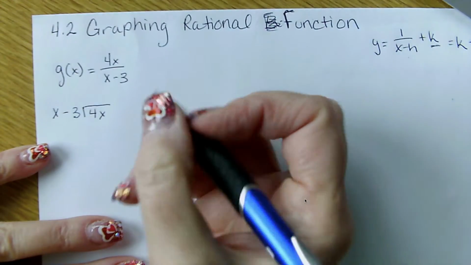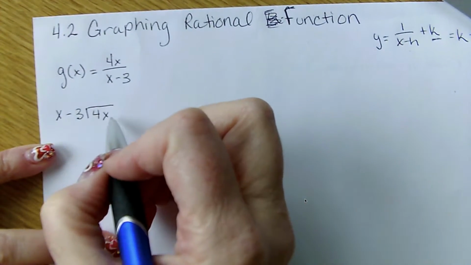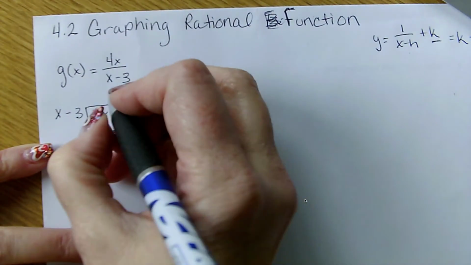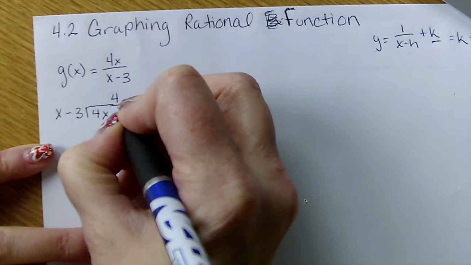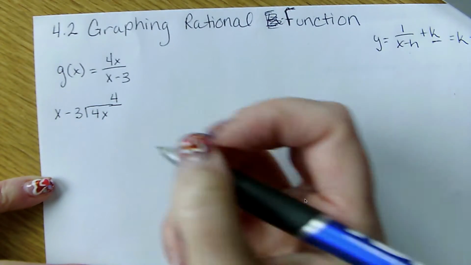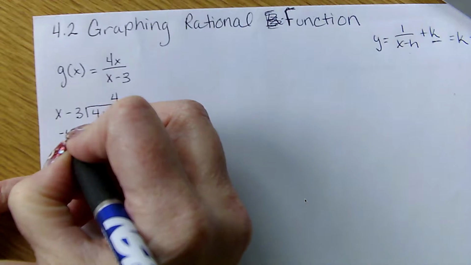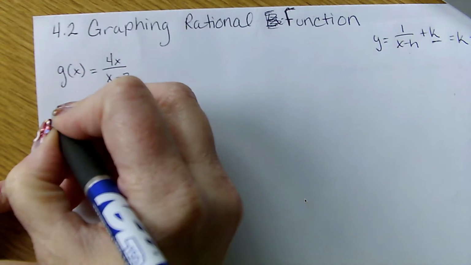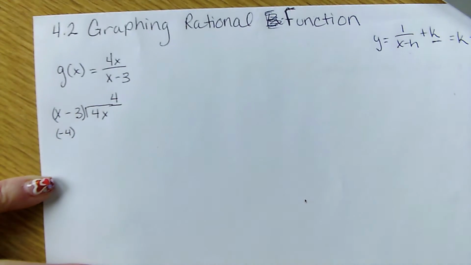Okay, so what do I have to multiply x by to get 4? 4. And I'm not even going to put it above the x because I know that I'm done now, yes? But I have to come down here and multiply everything by -4, the opposite. These are some things people messed up on the last test. You have to do this right or it doesn't work.